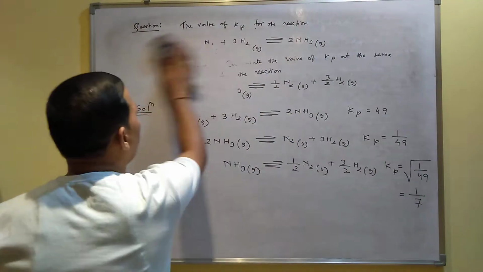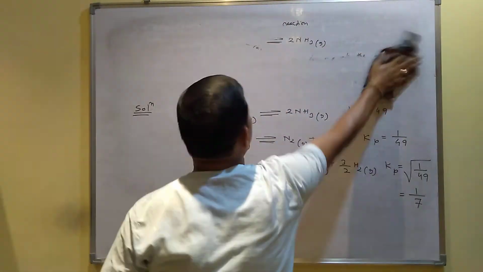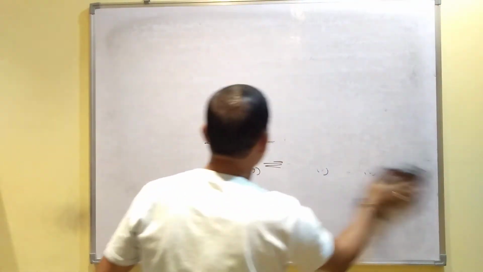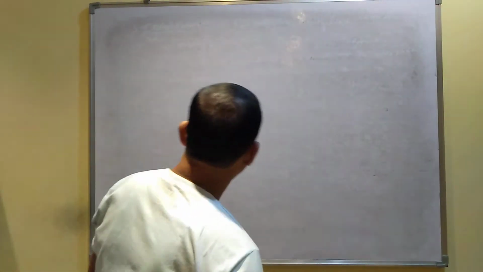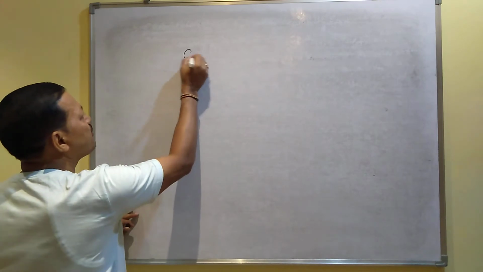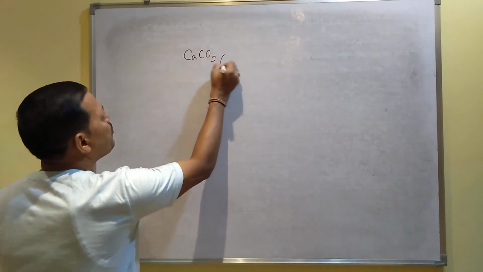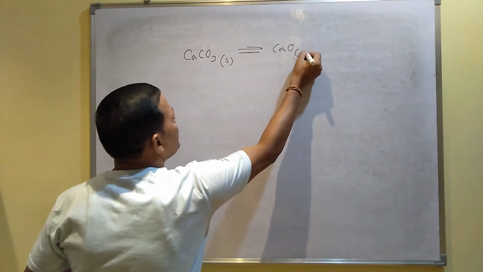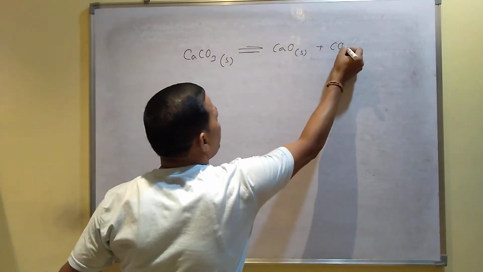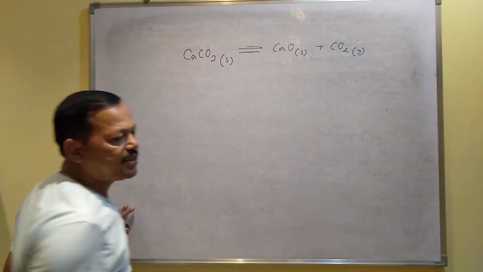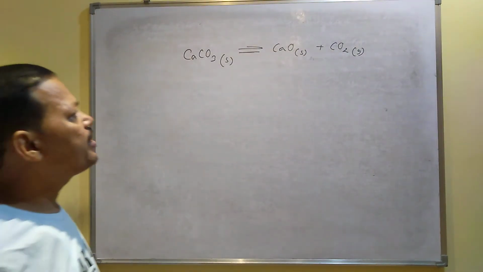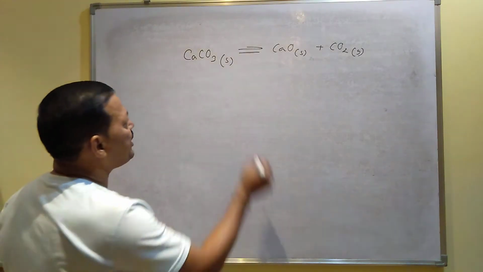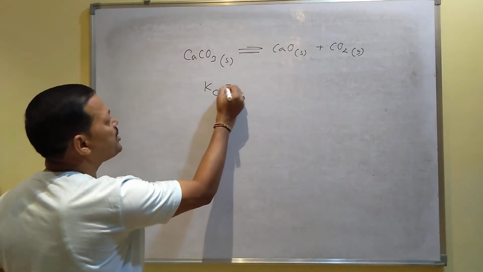Now let us consider a reaction, calcium carbonate solid produces calcium oxide solid plus carbon dioxide gas. Suppose this is a reaction, and we consider that the reaction is at equilibrium. So if you want to express the Kc for this reaction, how to express the Kc?